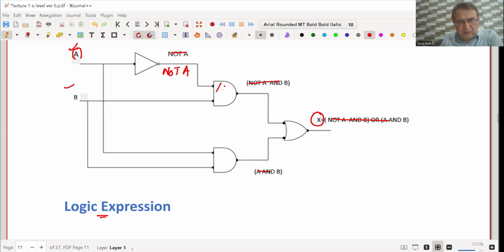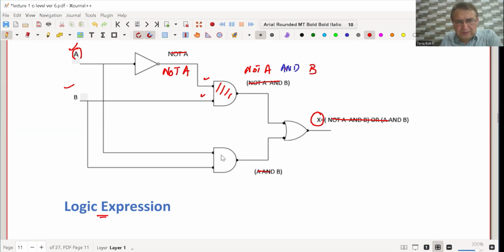Next, you can find out the logic expression for this AND gate, having two inputs. One input is labeled as NOT of A, the second input is labeled as B. So you know the expression for AND gate is what? First input, which is NOT of A, then AND in between, and then the second input, which is, let's say, B. That's it.